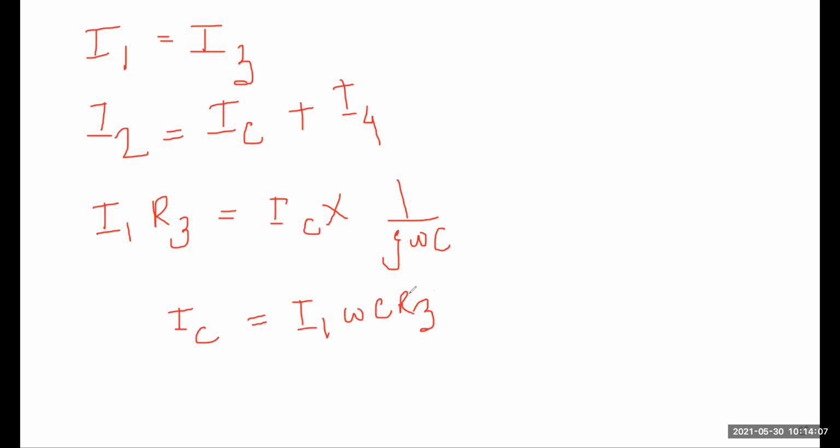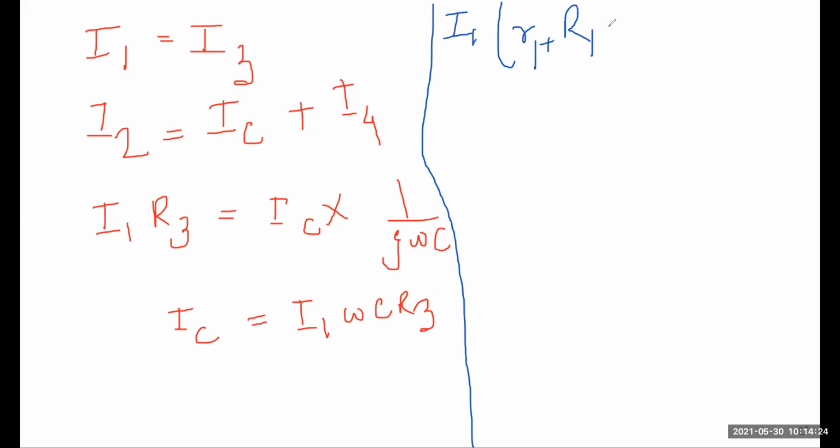Another balance condition we can write, I am putting a line over here, so I can write another balance condition. That will be I1, in bracket small r1 plus capital R1 plus j omega L1, that will be equal to, I'm writing the balance equation, I2 R2 plus IC R. Then I can substitute because I know some of the values here.